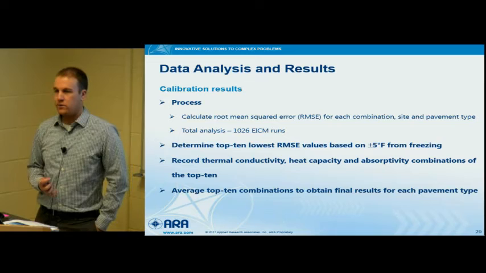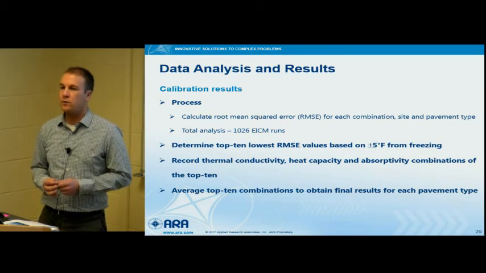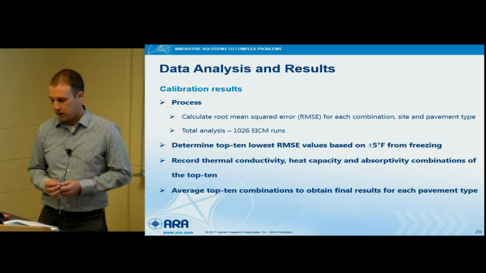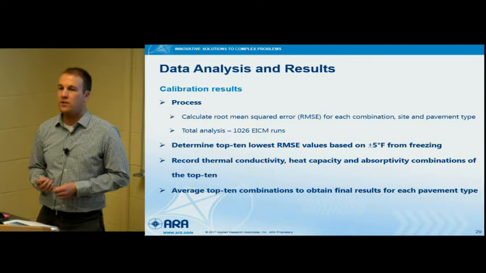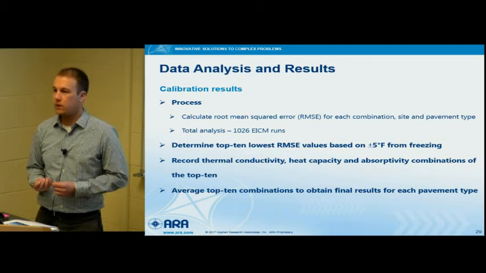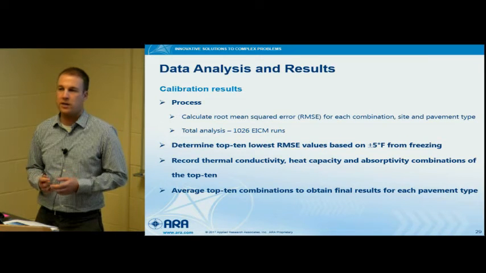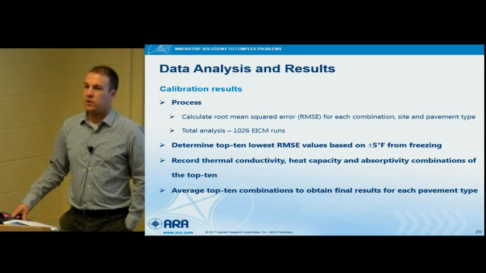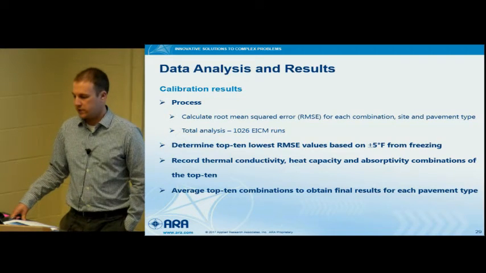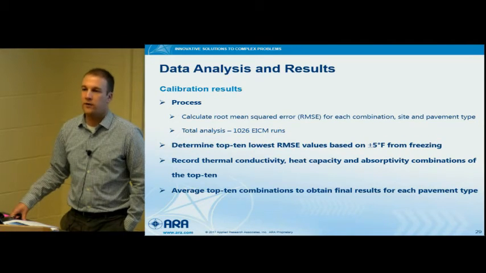And in order to come up with one value for a particular pavement type, I looked at the top 10 RMSE combinations. So as you have your thermal conductivity, heat capacity, and absorptivity, I ranked them based on the plus and minus 5 degrees from freezing. That way we use that to further refine our results.